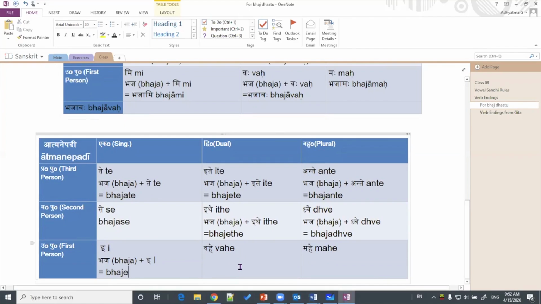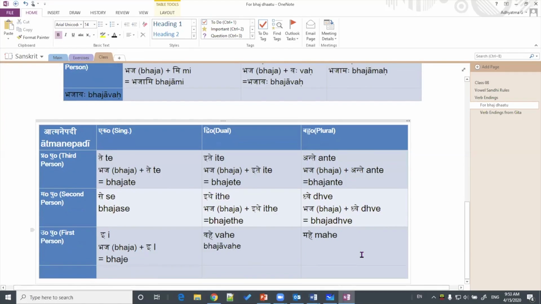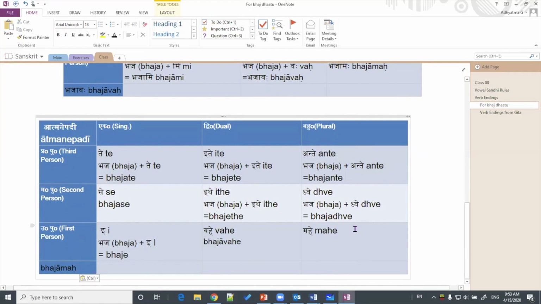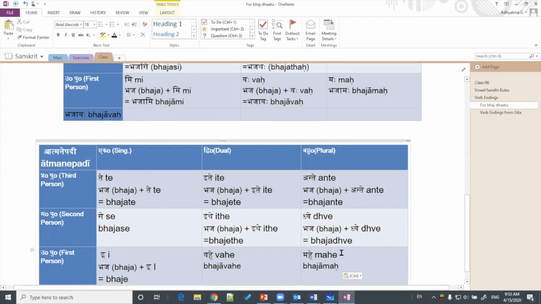So it becomes, I'll take from here, so it becomes bhajavahe and it becomes bhajamahe.